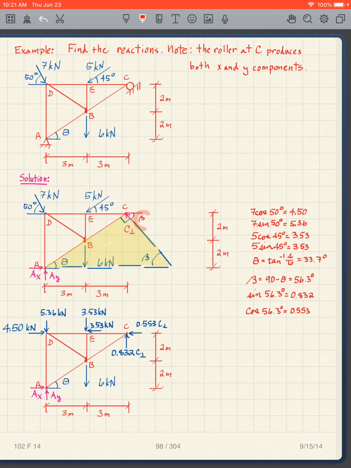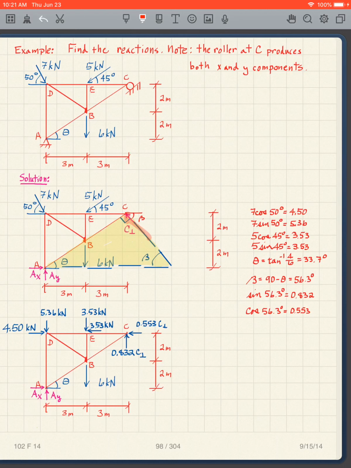So with respect to the x-axis, C perpendicular is at 56.3 degrees. So we're going to use the cosine of 56.3 and the sine of 56.3. The sine of 56.3 is 0.832. The cosine of 56.3 is 0.553. I'm going to replace this C perpendicular with these two components.